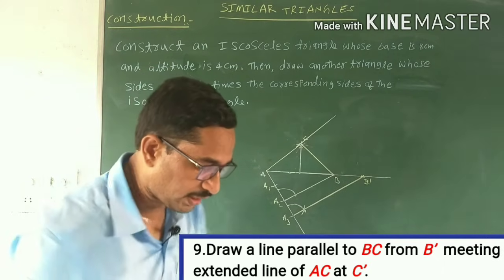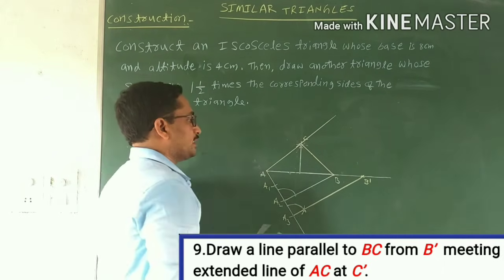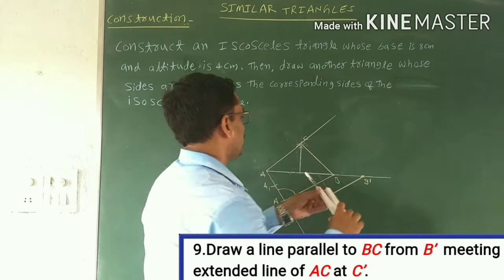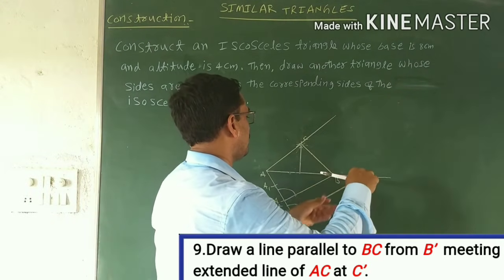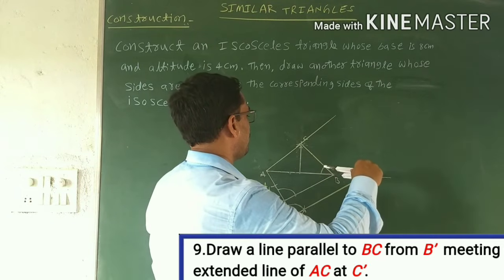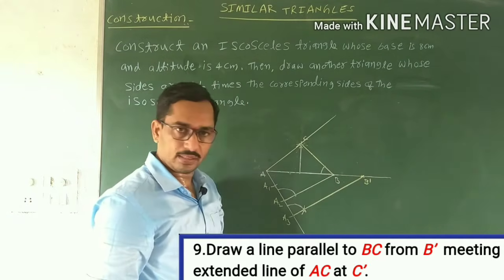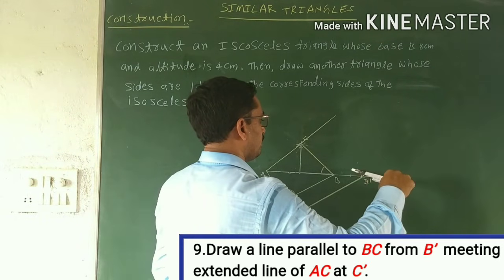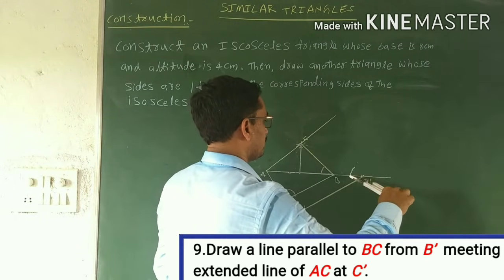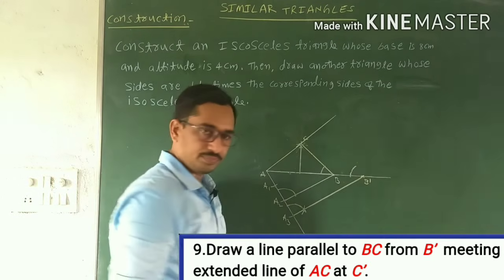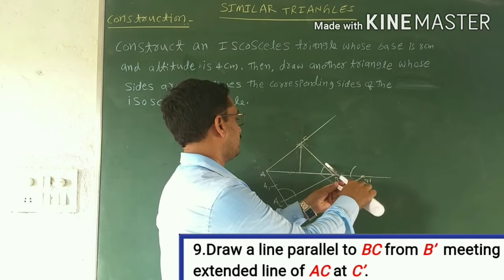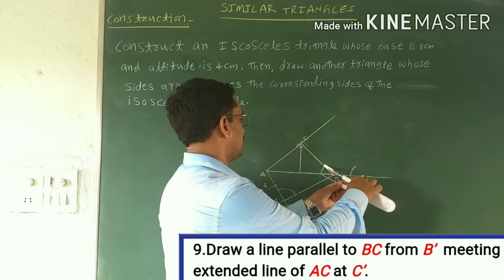Next again we have to draw a line from B dash which is parallel to BC. By taking the same process, draw an arc with the center B, and by taking the same length of the arc, draw an arc with the center B dash. Next, take the length of the arc. Now this is the length of the arc.